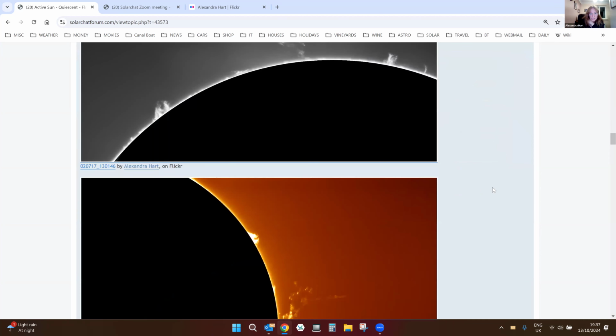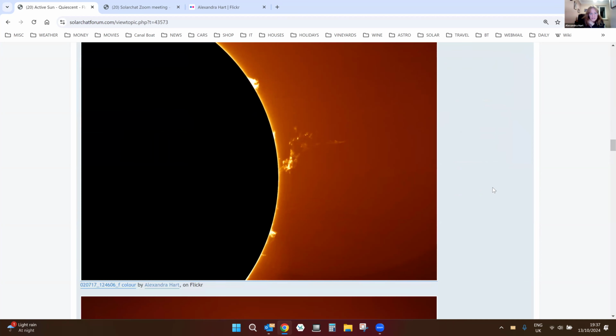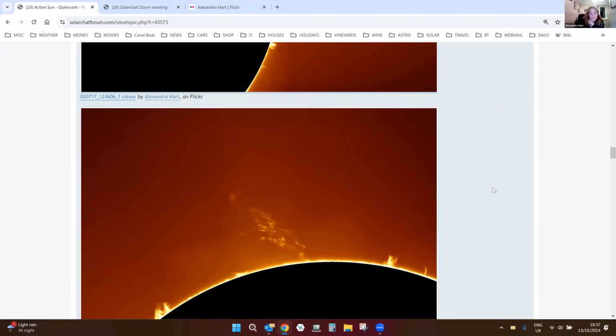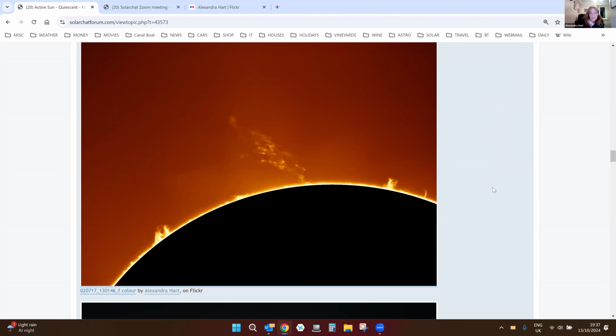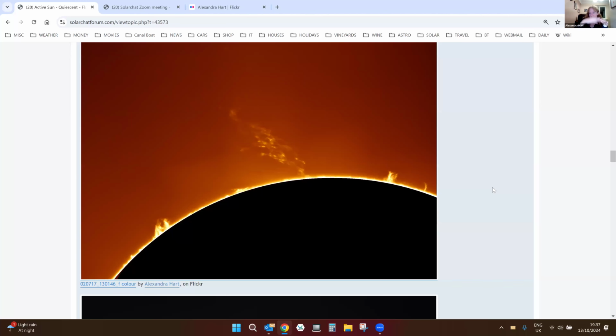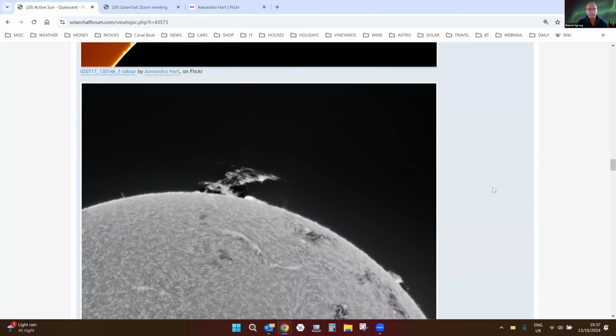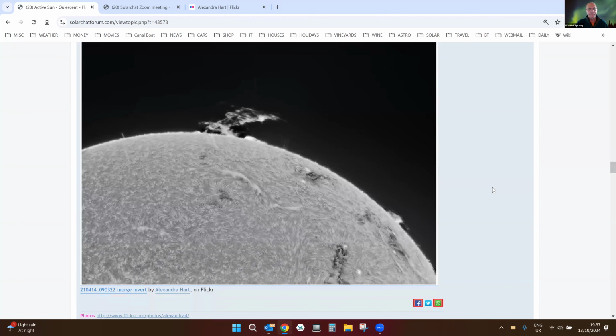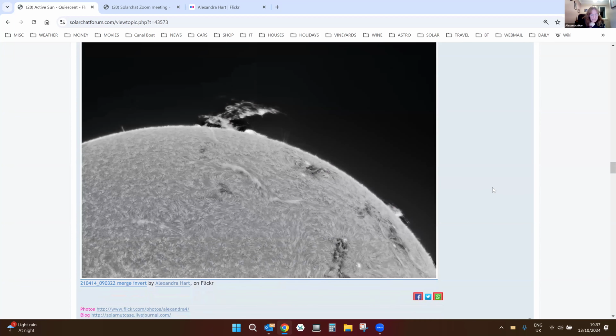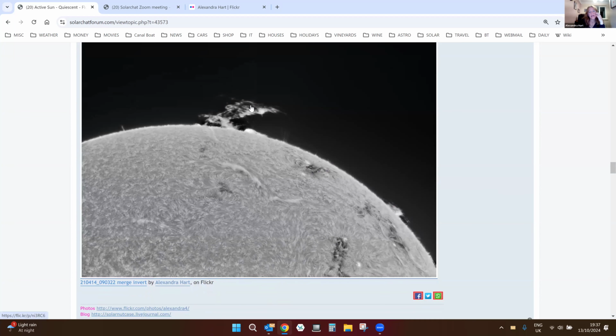So this just gradually lifted away. I guess you've got to take the person's word for it that as they watched it, it just disappeared. And it's the same with this one. Again, it's like a stable quiescent prominence, and then it starts lifting off at one corner and then just lifting away.